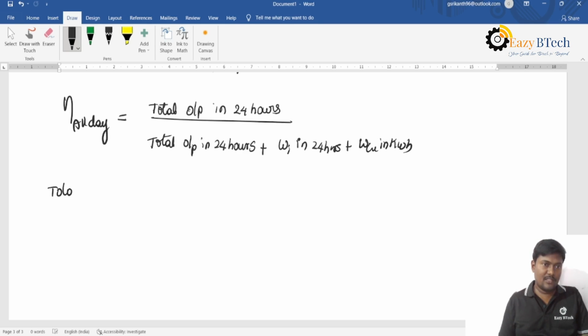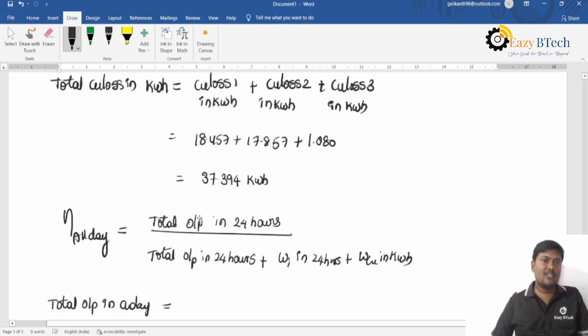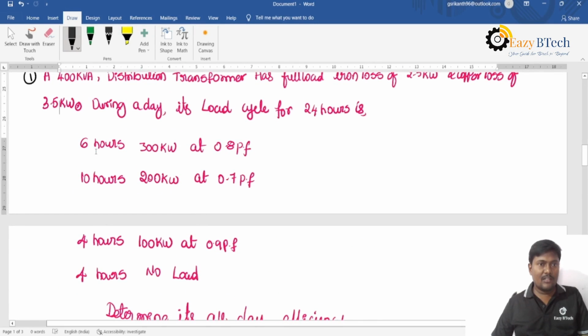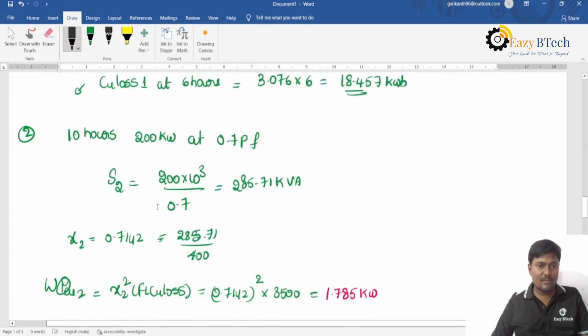first of all you should calculate total output energy in a day, that is 24 hours. So this is called the energy output. Energy output is given as 300 kilowatts in 6 hours, 200 kilowatts in 10 hours and 100 kilowatts in 4 hours.